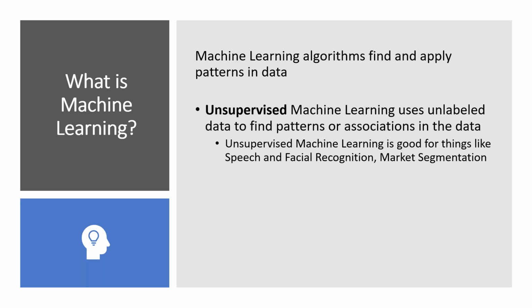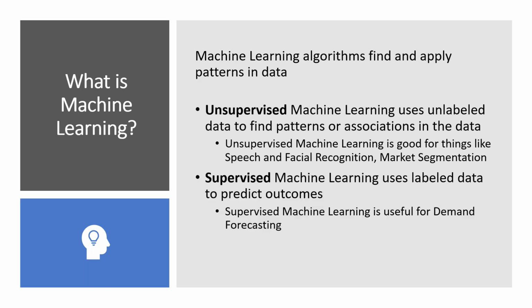The first is unsupervised machine learning, and the second is supervised machine learning. Unsupervised machine learning uses unlabeled data to find patterns or associations in the data. So it's used for things like speech and facial recognition, market segmentation, things where basically you're trying to group things together which are similar. Supervised machine learning uses labeled data, and it's used to predict outcomes.